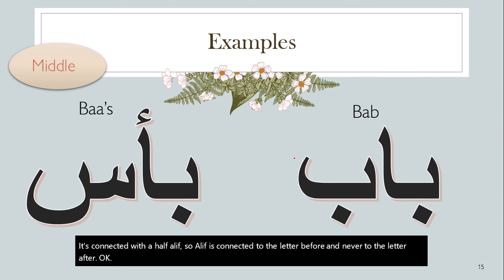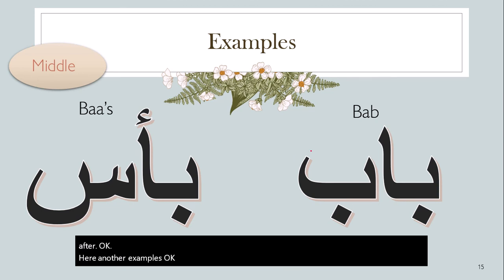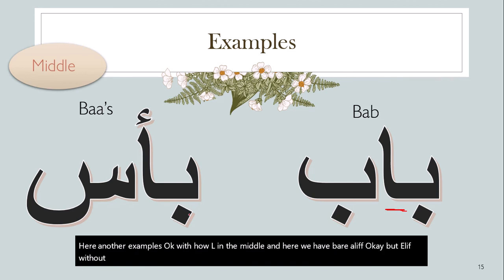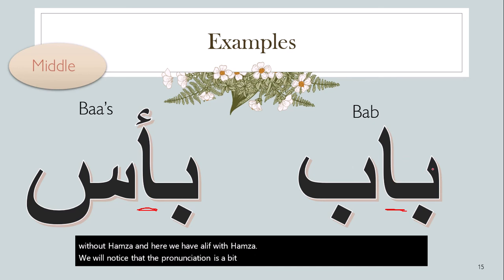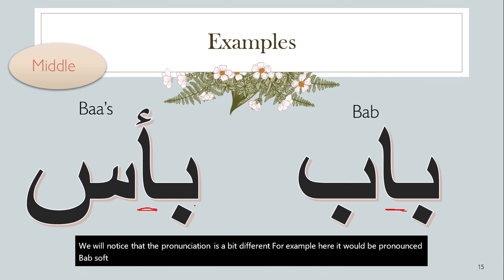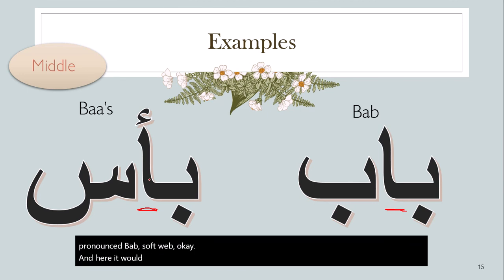Here are other examples with harf al-ba in the middle. Here we have ba, Alif without hamza, and here we have Alif with hamza. We will notice that the pronunciation is a bit different. For example, here it would be pronounced like bab, soft, and here it would be pronounced ba's.